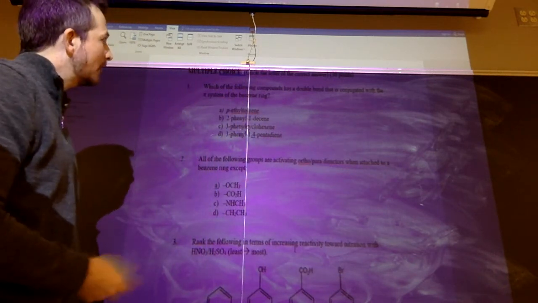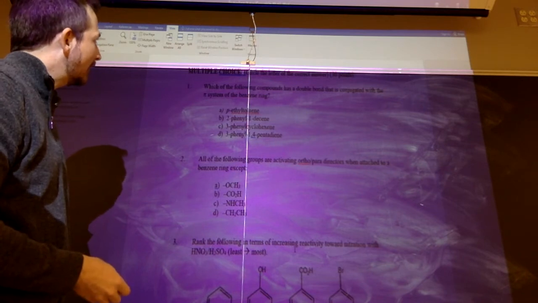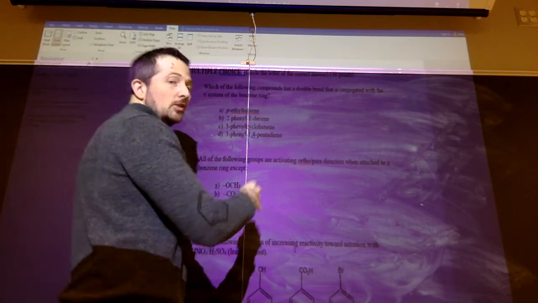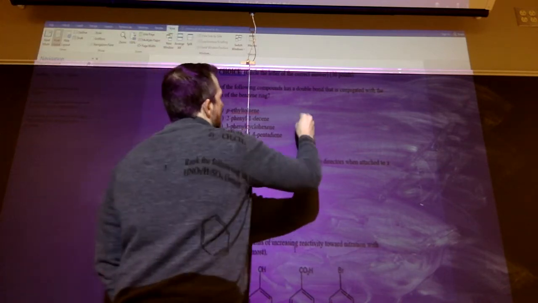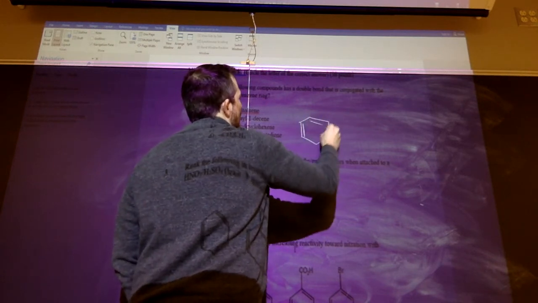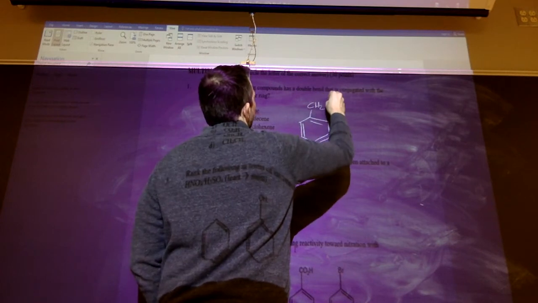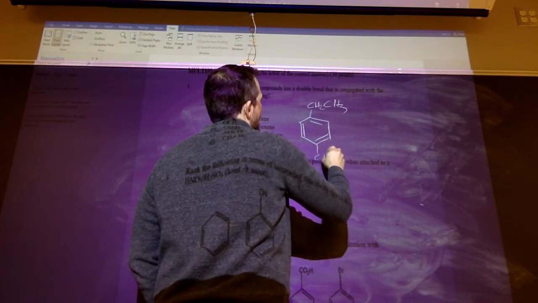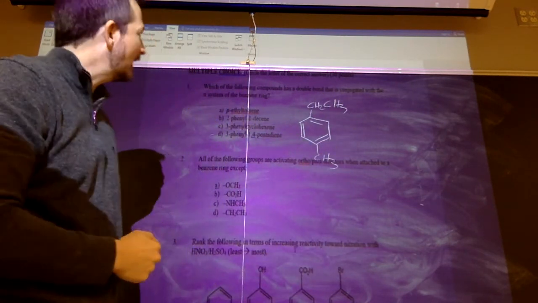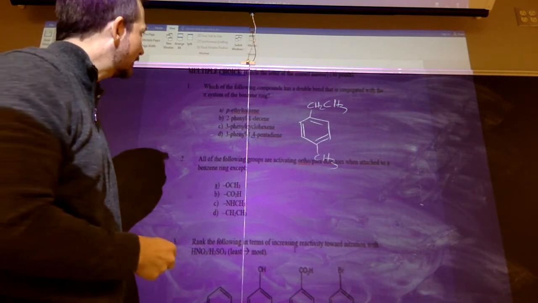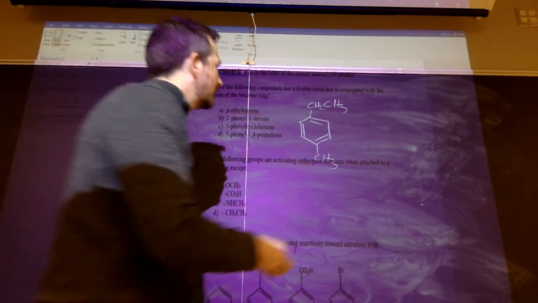So which of the following compounds has a double bond that's conjugated with the pi system of the benzene ring? So I need to draw all these out. So para-ethyl toluene. So that does not have a double bond conjugated with a benzene ring. 2-phenyl-1-decene.